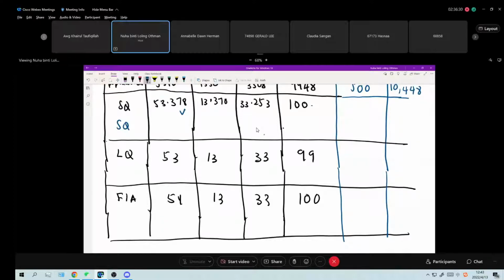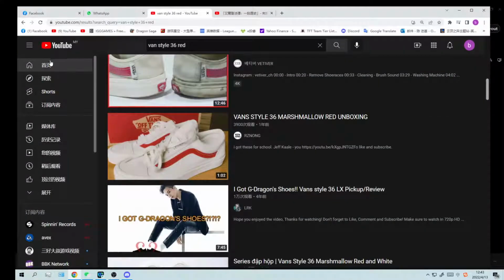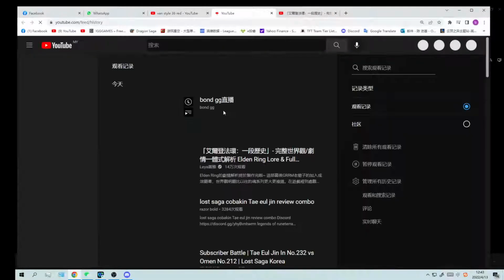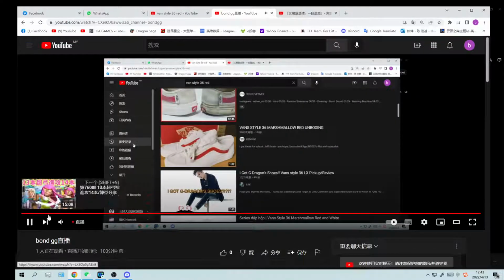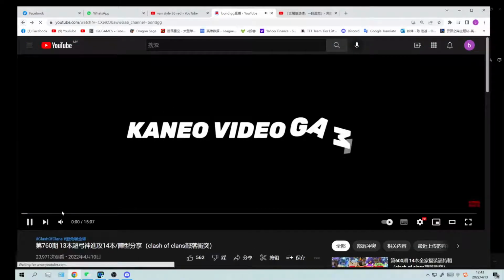So the SQ becomes 53.364, 13.366, 33.245, and for D, 5.025, and the seats are 105.